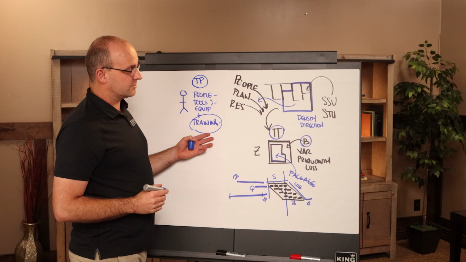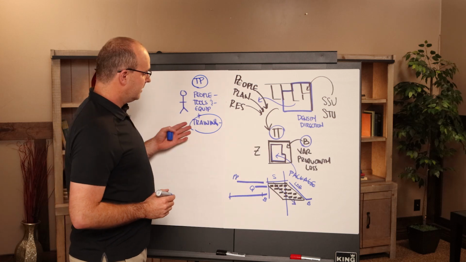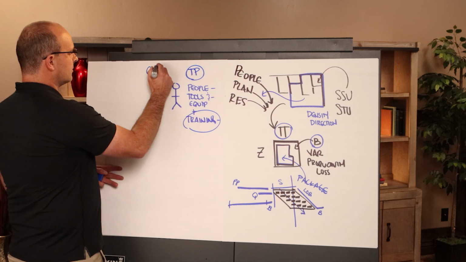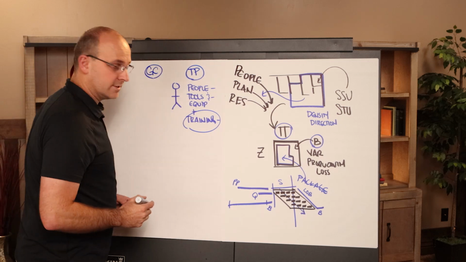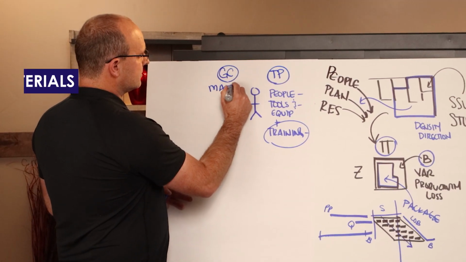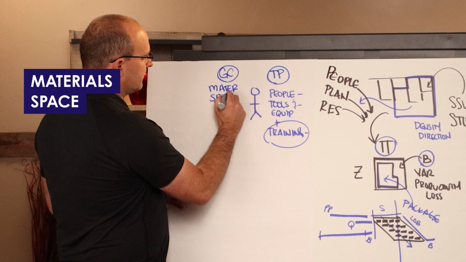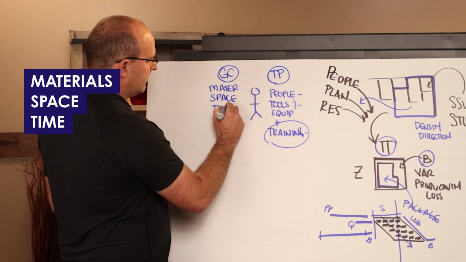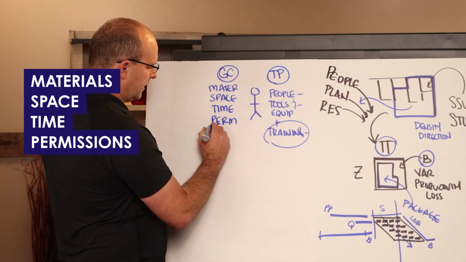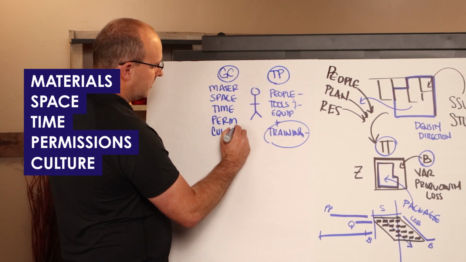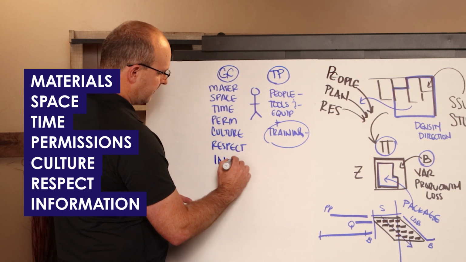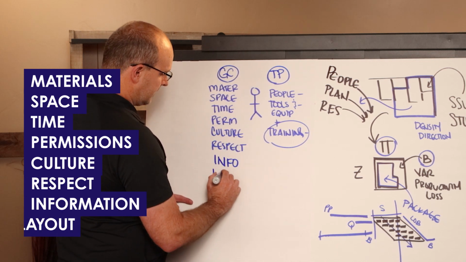So our message in construction is, if we're going to go do that, the team has got to be trained to do that, and that's a heavy focus. Now, the general contractor, within reason, meaning sometimes this varies back and forth, it's the general contractor's job to get the materials, the space, to provide the time, to provide the permissions, to provide the culture, to provide the respect, the information, and the layout to get this done.